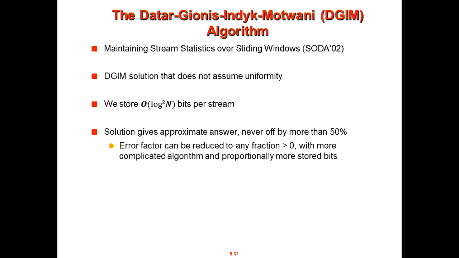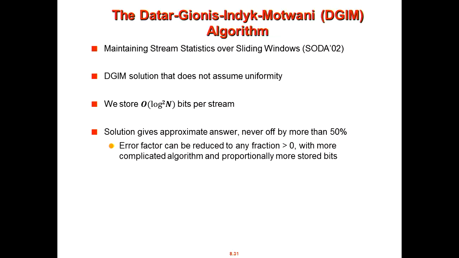And the space cost of this algorithm is very, very small. We only need to store log n times log n bits per data stream to answer the queries approximately, to answer the number of ones approximately. Normally log n is very small, so log n multiplied by log n is also very small. The space cost is excellent.